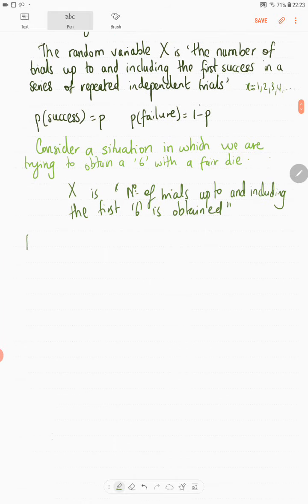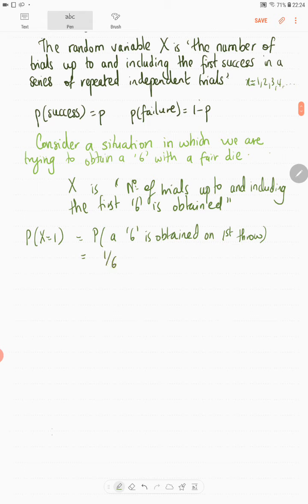If we write probability x is equal to 1, this means that a 6 is obtained on the first throw of the die. This will give us 1 over 6. That is, our success is obtained on the first throw itself.